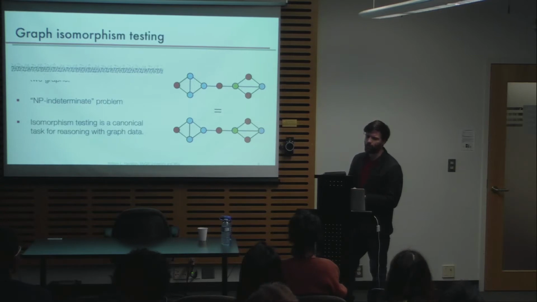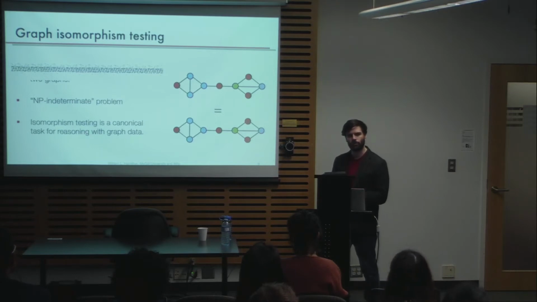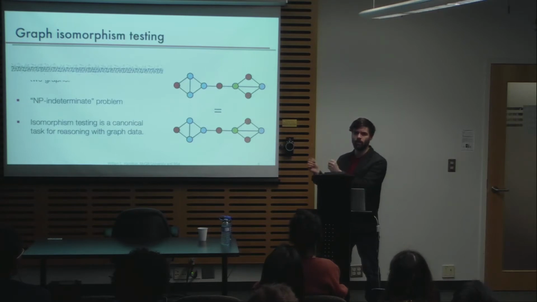And here we're going to use it as a lens to investigate the power of graph neural nets, because in addition to being a computationally hard problem, it's also an interesting problem for evaluating the power of a graph representation. In particular, if we can say that with this way of representing a graph, we can solve isomorphism, or we can say that two graphs are isomorphic if their feature representations generated by this algorithm are the same, then we know that this feature representation is maybe powerful enough to solve graph isomorphism for some reasonably large subset of graphs.